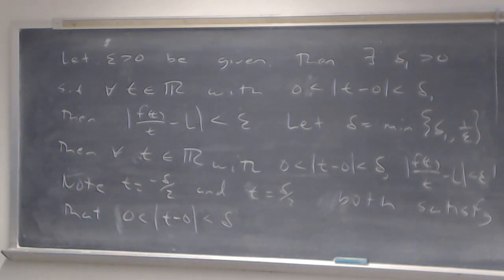Both of those t's satisfy it because both of them are delta over 2, which is greater than 0, and we get less than delta.